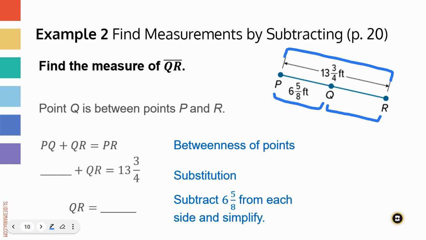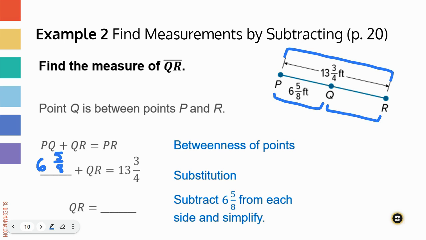Okay, now we're going to substitute the measurements that we do have. We know PQ is 6 5/8 feet. So 6 5/8. And then we don't know QR, that's what we're trying to find. And that is equal to the total length of PR, which is 13 3/4 feet. Now, in order to find QR, we're going to subtract.